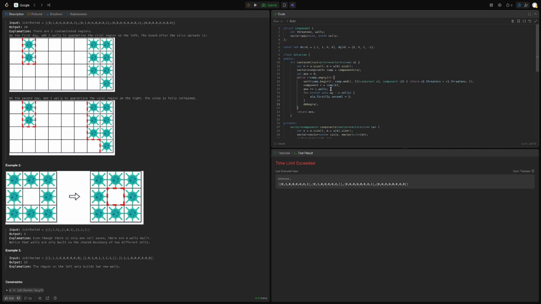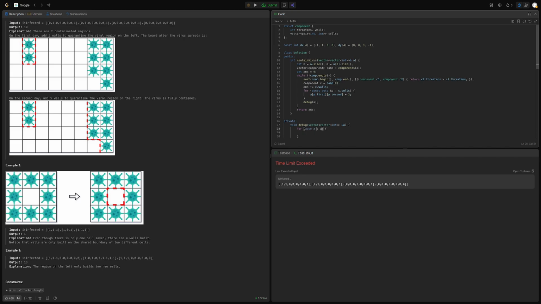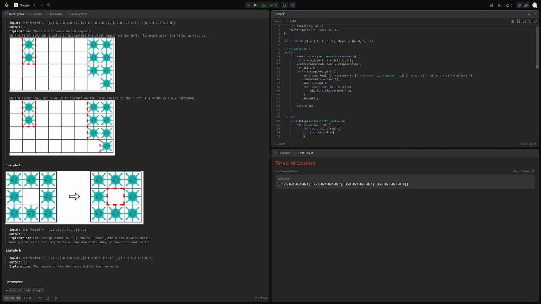Debug A. Void debug vector int A, for auto column in row. So let's do column.